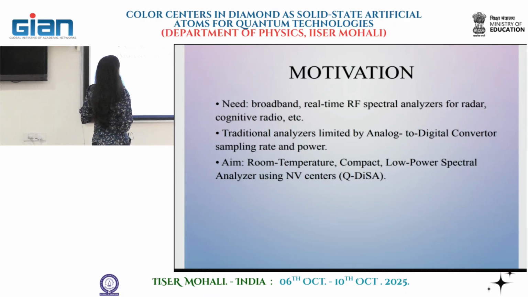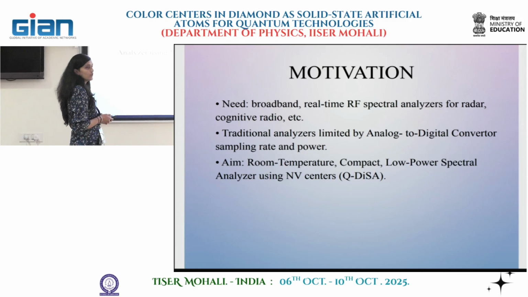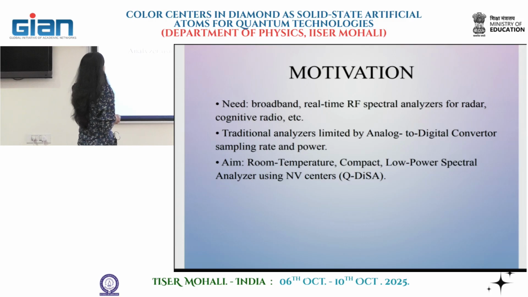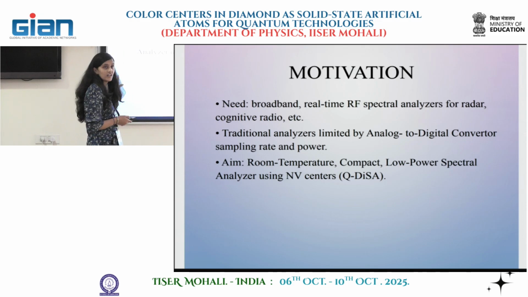The basic need behind this is that the traditional analyzers are limited by analog to digital converters and we need broadband. These are highly power consuming and bulky in nature.